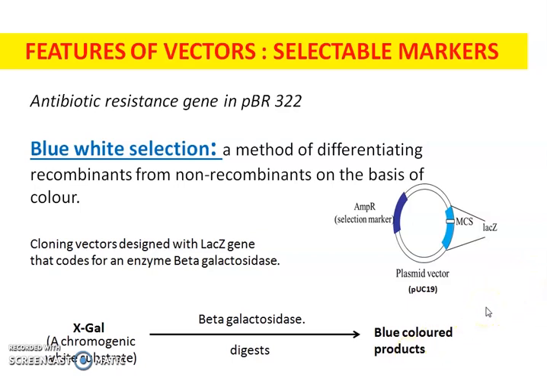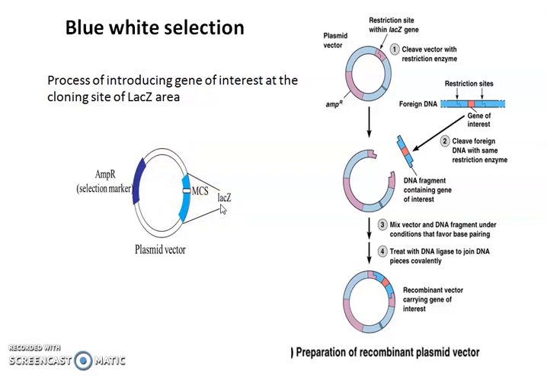So how does it work? How do we make an rDNA by changing this lacZ area? When you have this plasmid vector, what is the process of introducing the gene of interest in this particular area, so that it acts as a selectable marker? So see here, this is the plasmid.